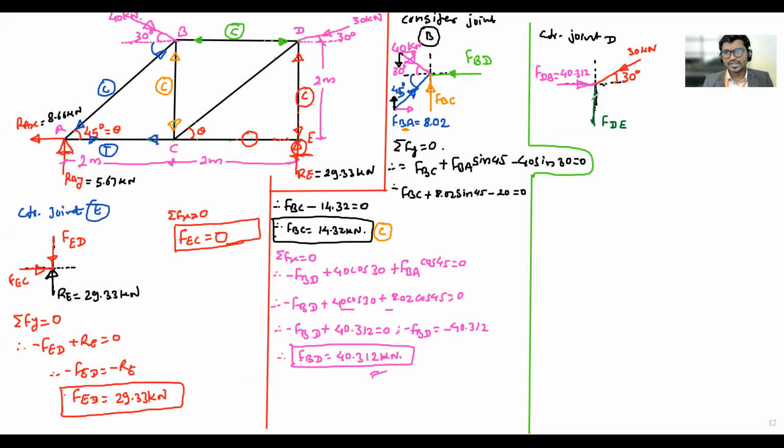Its direction is known to us, it is vertically up, and its magnitude is also known to us, that is 29.33. Then the other member is an inclined one that lies in the third quadrant. Its name will be FDC, and its angle will be 45 degrees.